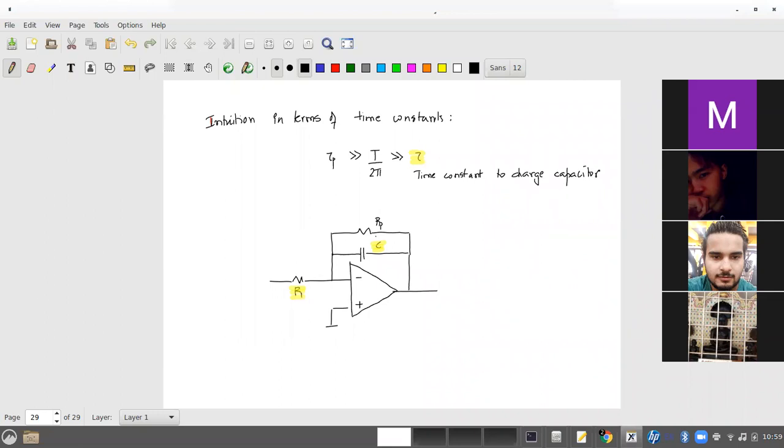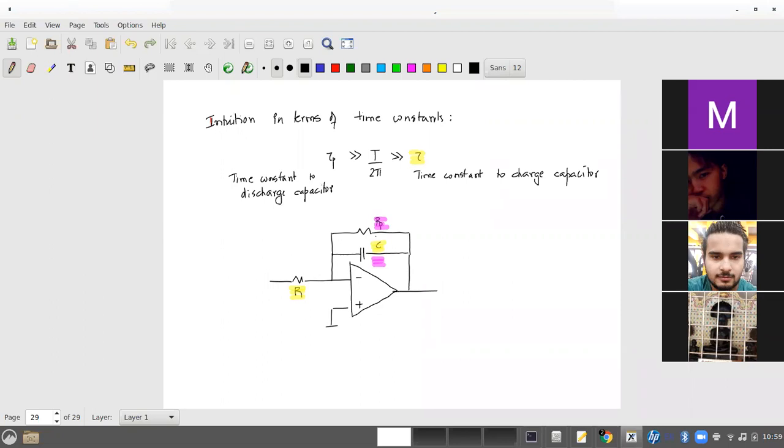What about tau P? What is tau P the time constant for? Discharging of the capacitor. So tau P is the time constant to discharge the capacitor.